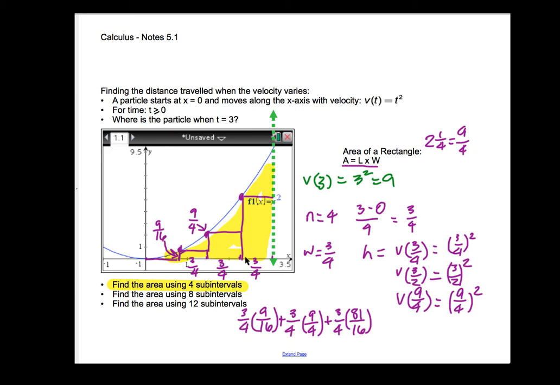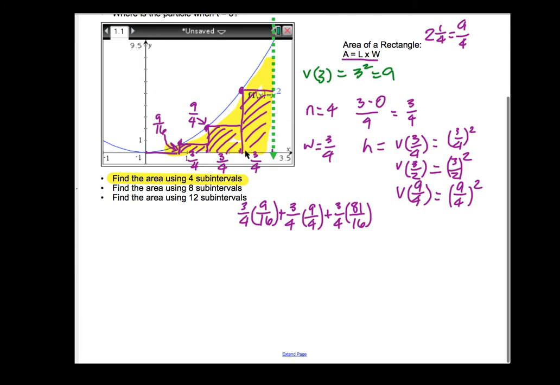And so when we add up all these rectangular areas, we're going to end up with an estimate of the area under the curve. Now it's a little bit short. It's not a great estimate, but it is a good estimate. So we would just add all these guys up. And you might want your calculator to do that. You can do that right now if you would like. And let's see if you match what I get.